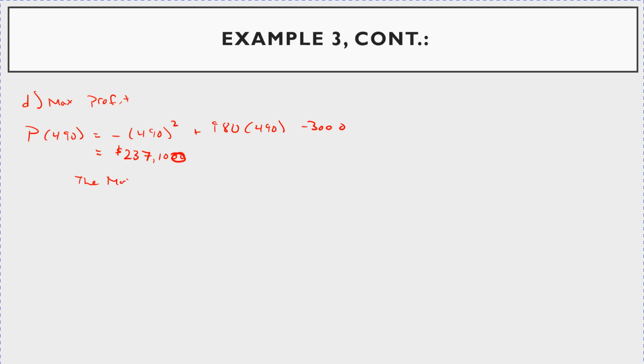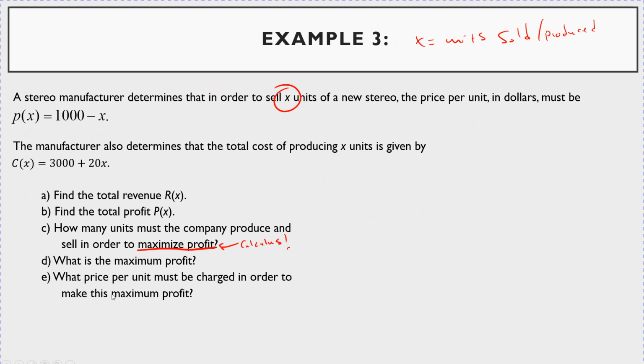So the max profit of $237,100 comes from selling these 490 units. Our final question is, what price per unit must be charged to get this maximum profit? You just plug it into your price function.